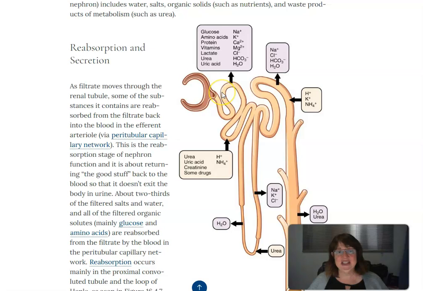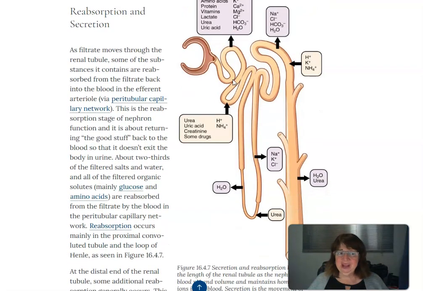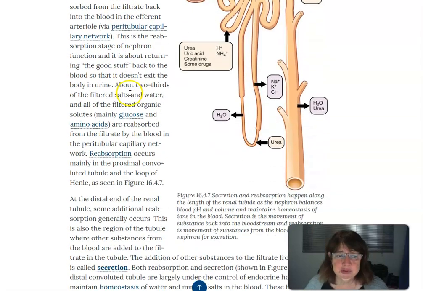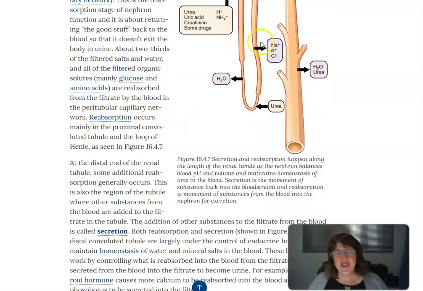The amino acids, the smaller proteins, the vitamins, everything will leave the filtrate and go back into the blood supply. That is called reabsorption, the return of the good stuff. About two thirds of the filtered salts and water will be reabsorbed in the proximal tubule.